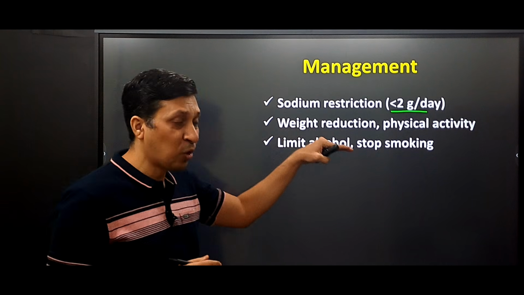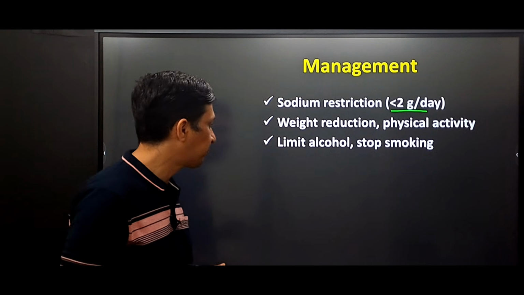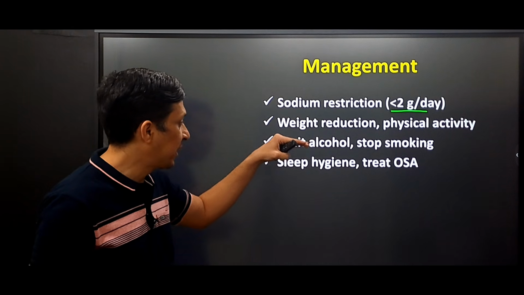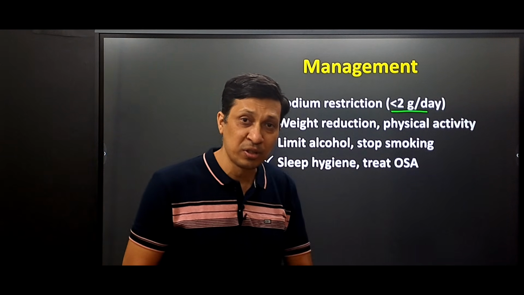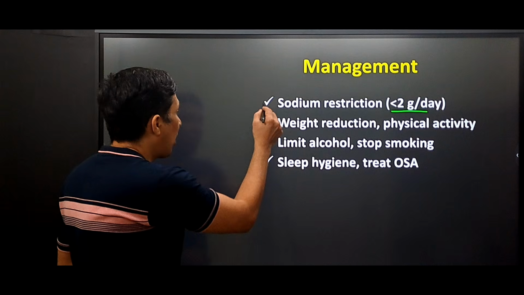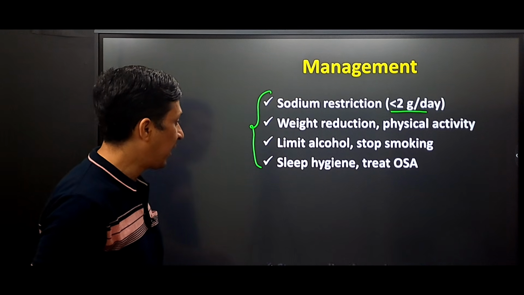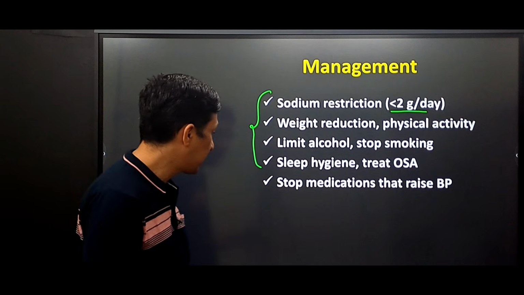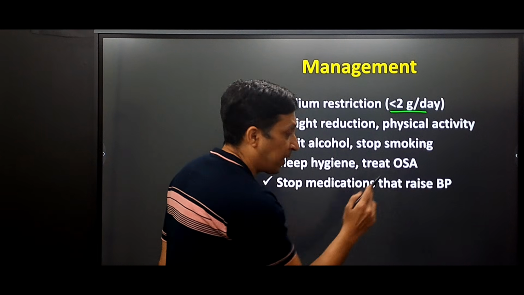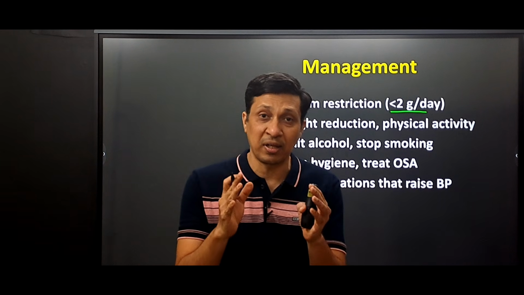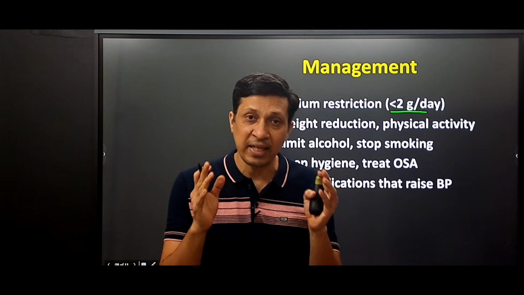Then limit alcohol and stop smoking. Then good sleep hygiene and treat obstructive sleep apnea. These are all important parts of lifestyle modification. And another important reversible cause is to stop medications that could increase the blood pressure, like steroids, OC pills, etc.